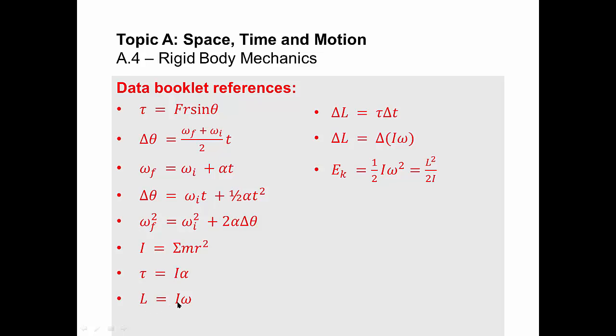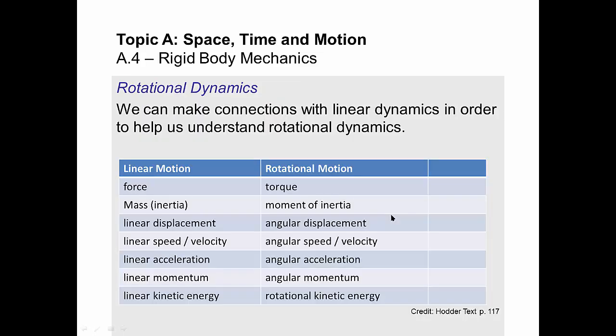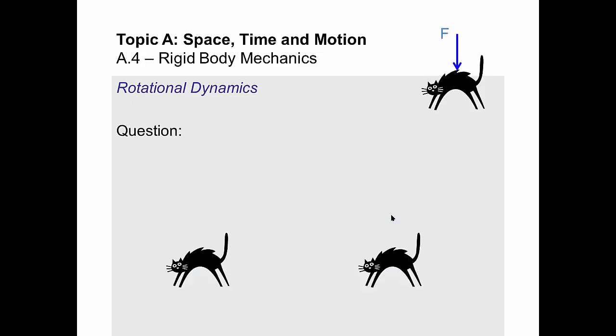You remember momentum is mass times by velocity. This angular momentum is the moment of inertia, which is kind of the mass, times by the angular velocity, and so on. So all of these are going to be weirdly familiar, but not quite. Anyway, during this topic, we're going to be looking at all these aspects, and as we go through, we will tick off each of these points as we go through.